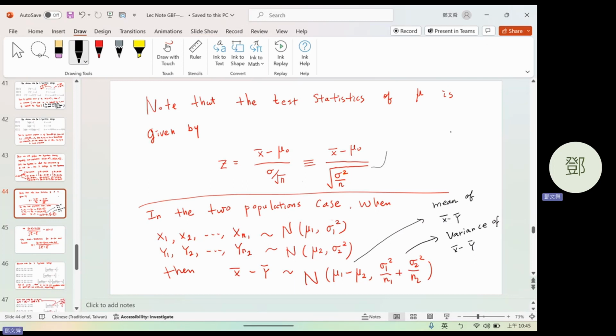It is the better expression for extending to the two population situation.